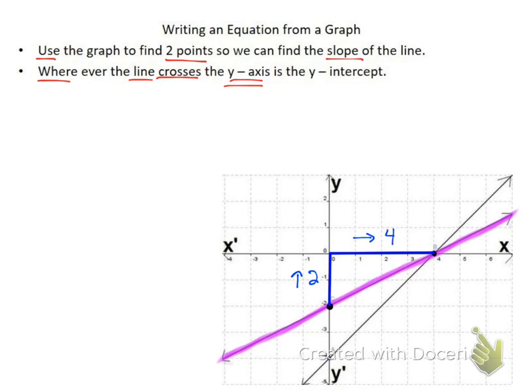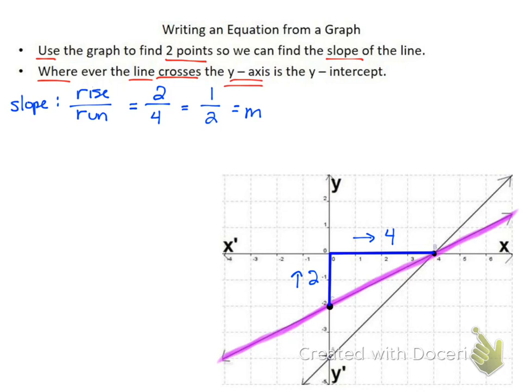And so again, my slope is rise over run. I rose 2, and 2 is positive, so I'm going to go positive 2 on the top. And then run is my left or right, so I'm going to the right 4. To the right is positive, so 2 over 4 is my slope, which reduces down to 1/2. So that's my slope m.